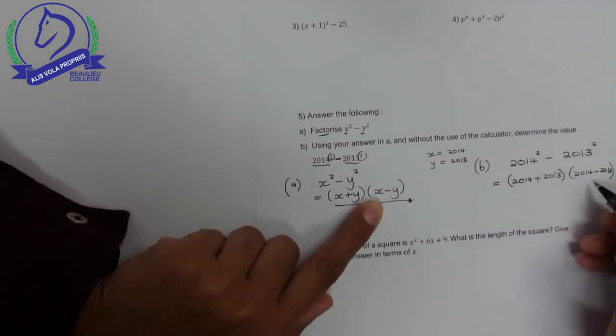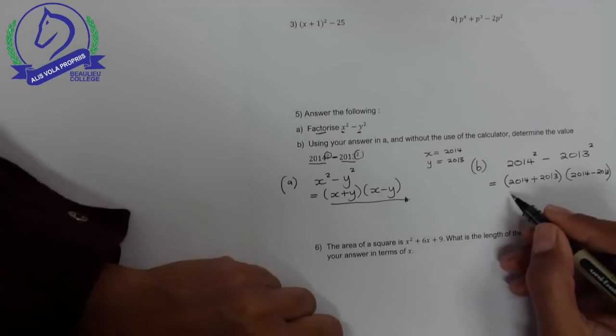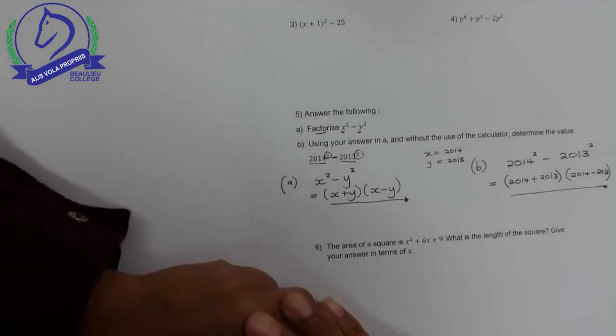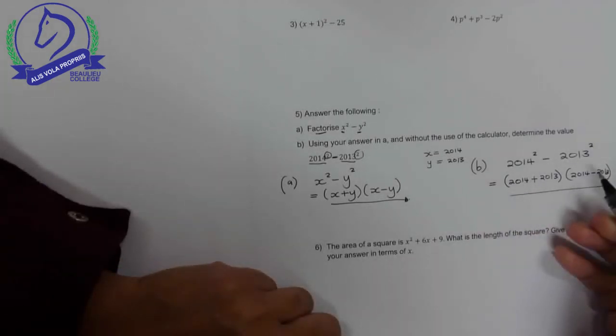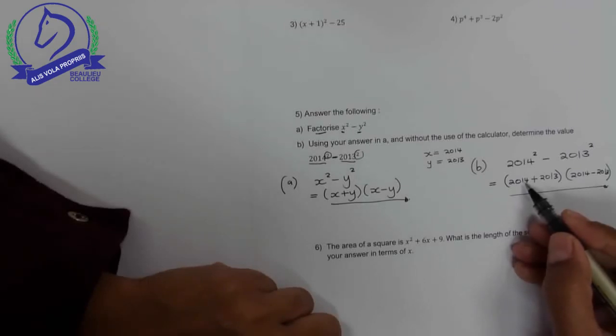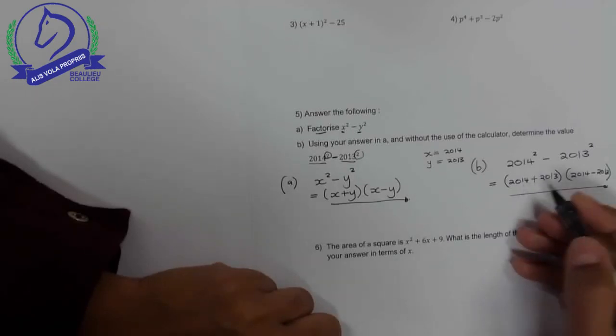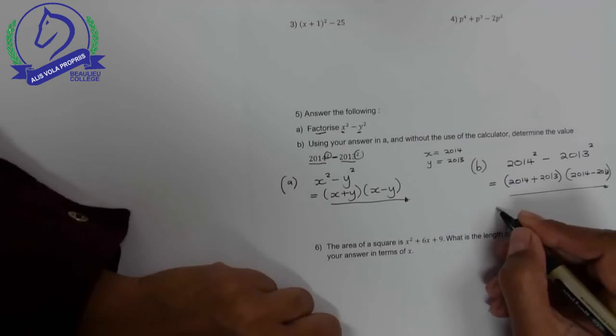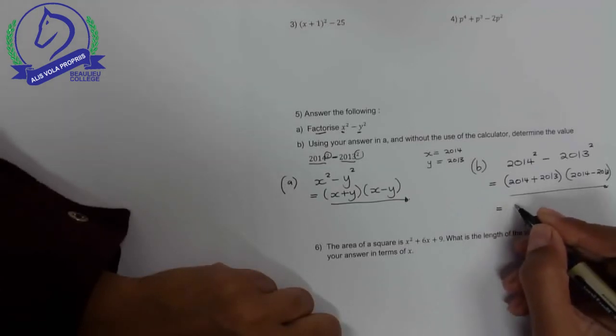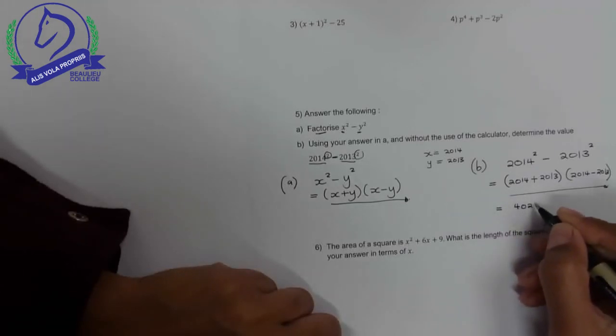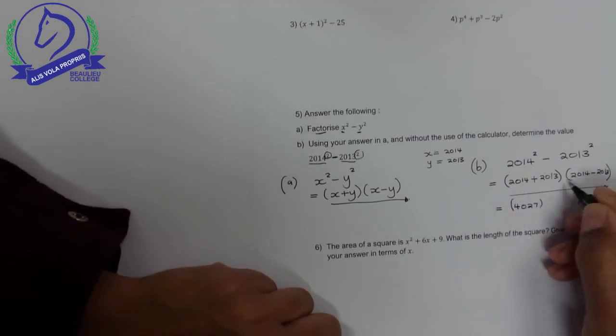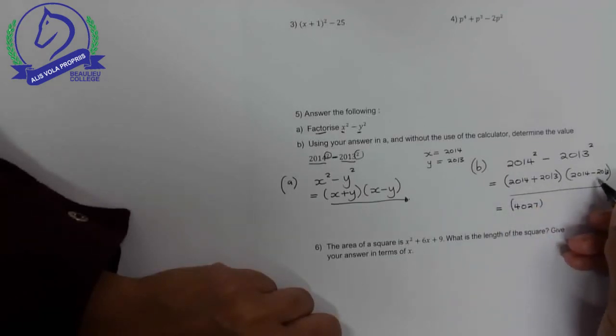You can go further and add them, but you don't actually need to do it. All they wanted you to do was that. If you look at it, obviously, if you add here, 2014 plus 2013 doesn't require a calculator. So if you want to go there, it would be 4027. And that would be, what is this? 4 minus 3 is 1.